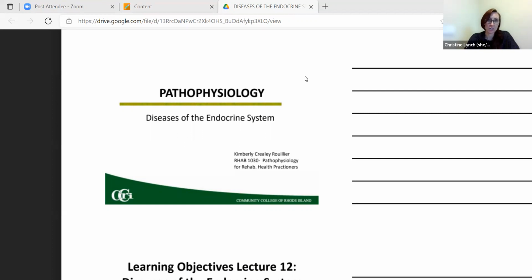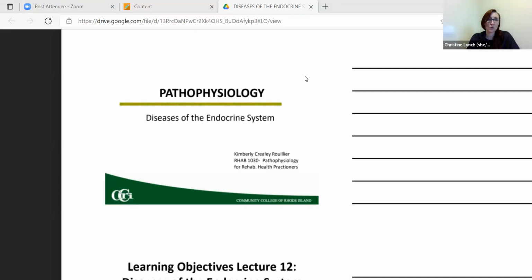But for this lecture, the hormones are in the blood. And what that means is that they can travel around the body and they're able to initiate a lot of different body functions like growth, development, metabolism, fluid and electrolyte balance, and immune and inflammatory responses.